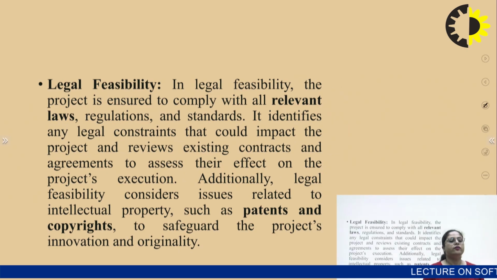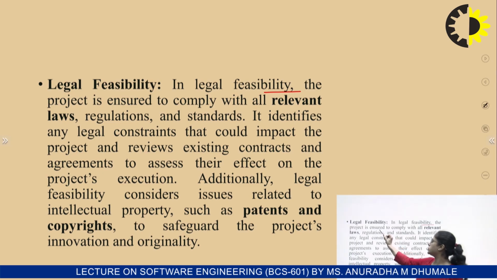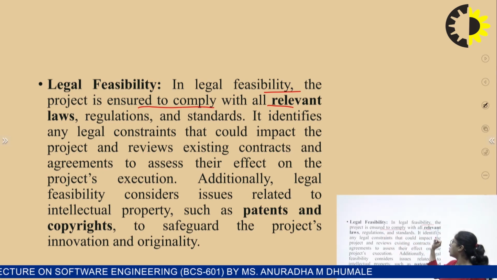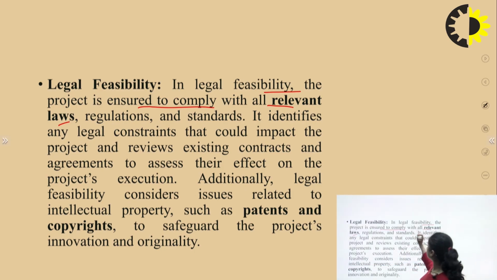After that, we check the feasibility for legalness. In legal feasibility, the project is ensured to comply with all relevant laws. While making the software, it is very important to keep the goal in mind that all relevant laws, rules, regulations and standards will be followed.